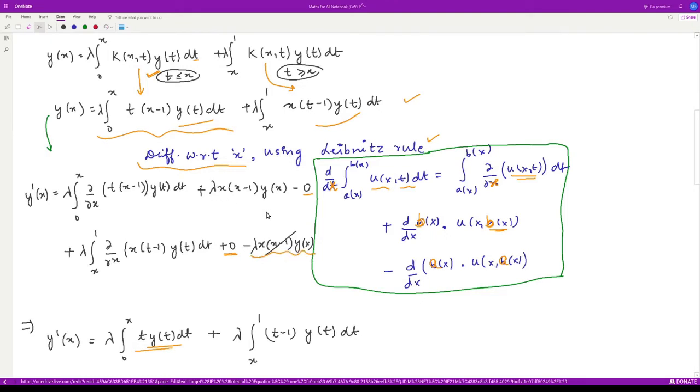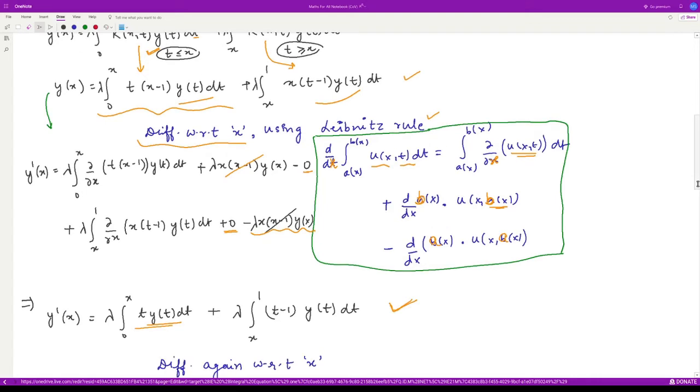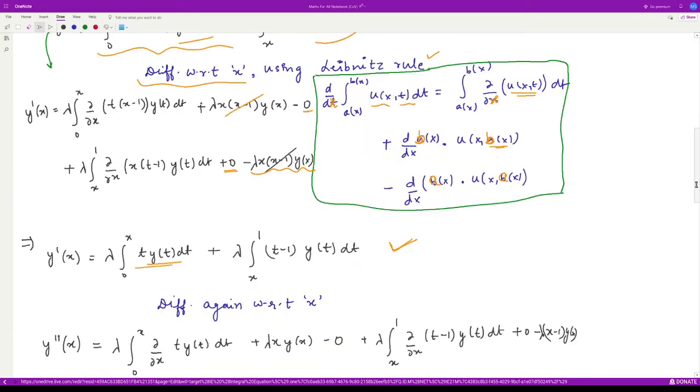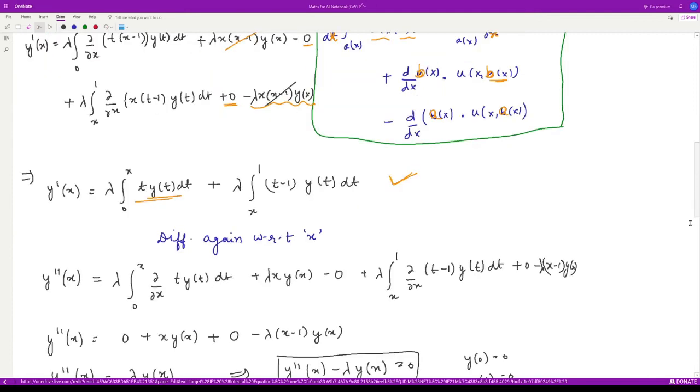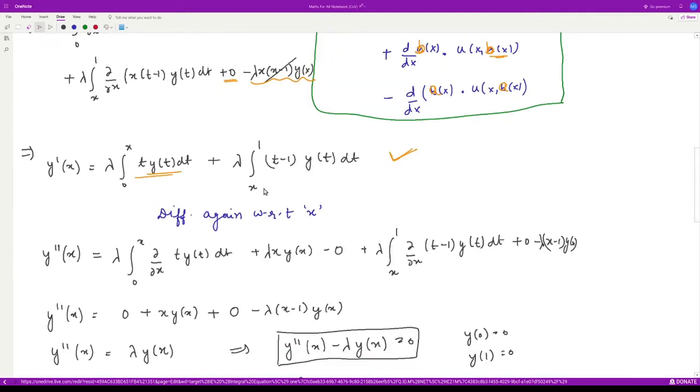We clearly see that this term and this term, being the same, cancel out because of the opposite signs. So we are just left with these two terms over here. This is simple, nothing complicated. So let us differentiate it once more, because we still have this integral sign and we want to get rid of it.